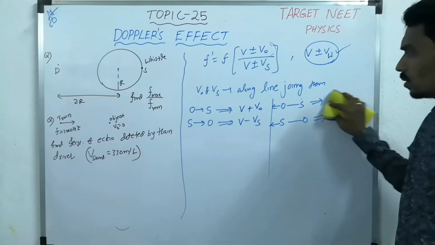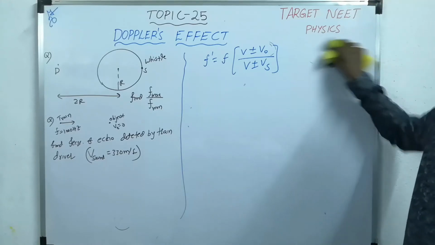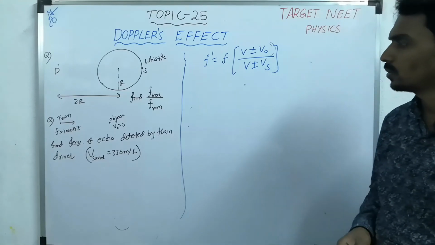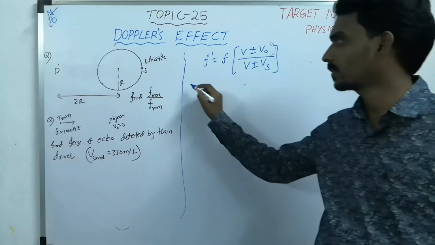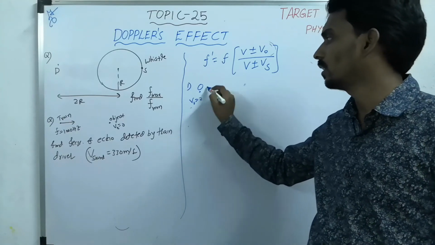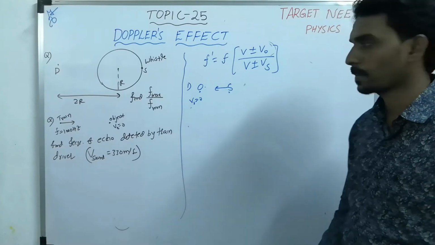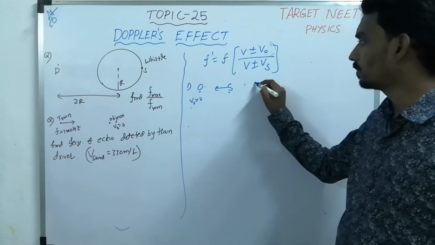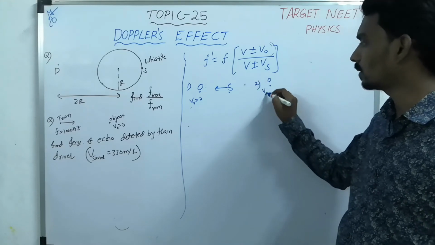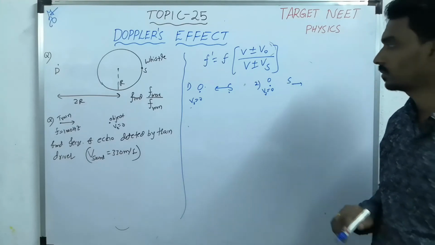There are a total of 8 situations you will get. What are those 8 situations? One is: observer is at rest and source approaches towards it. Second: observer is at rest and source recedes from it.